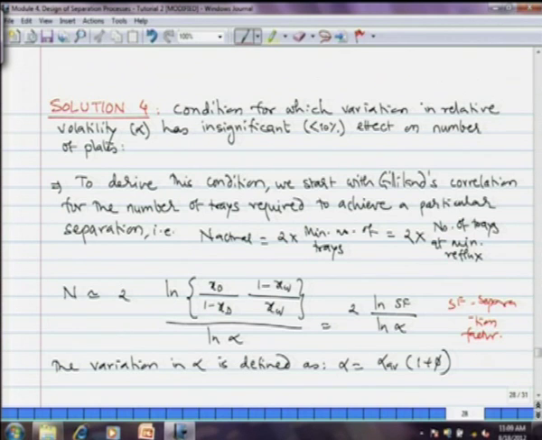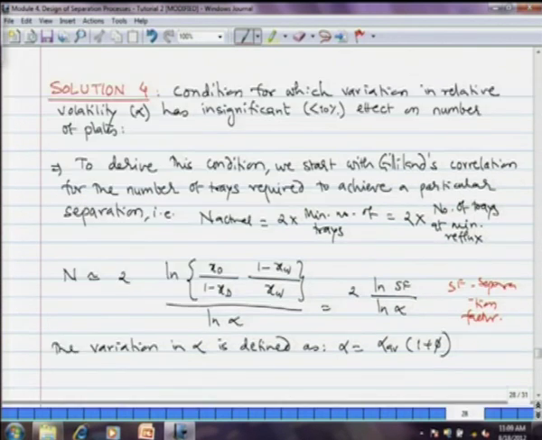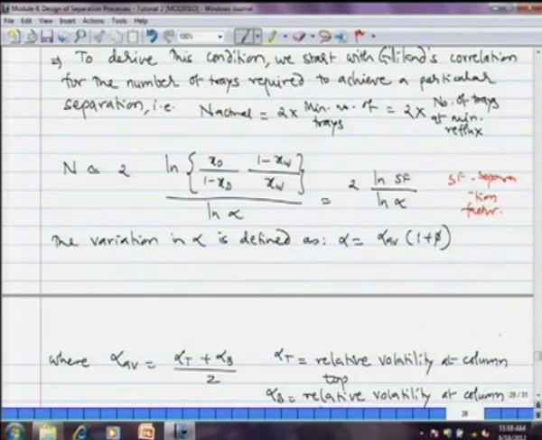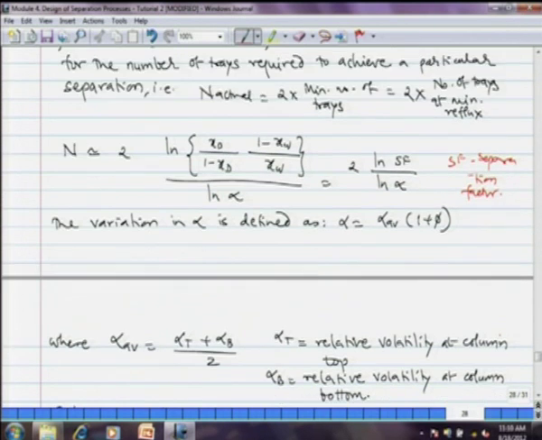This is divided by ln alpha, where alpha is the relative volatility. Now, we define the variation in alpha as alpha average into 1 plus phi, where phi is the variation. According to Gilliland, N is approximately 2 times ln of the separation factor divided by ln alpha.